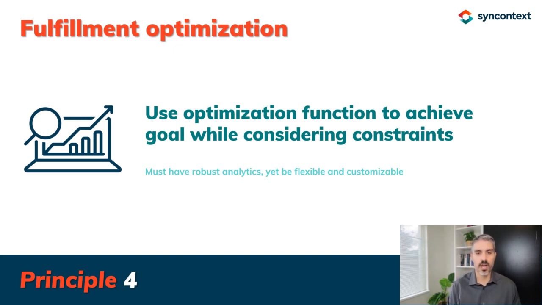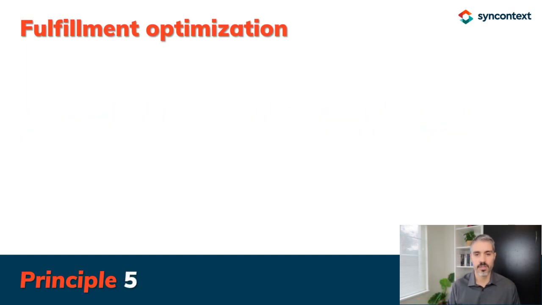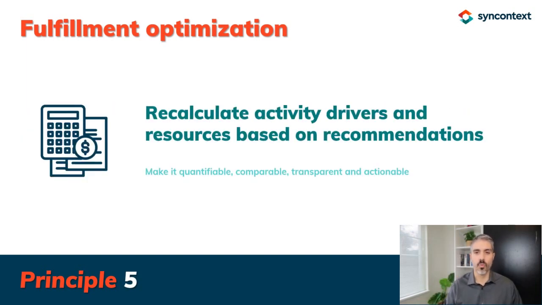So now let's talk about the last principle. That's principle number 5, which is once you get those recommendations from your optimization function, now recalculate steps 2 and 3, which is recalculate your activity drivers by function and convert that to resources, that is hours and dollars, but based on the recommendations.